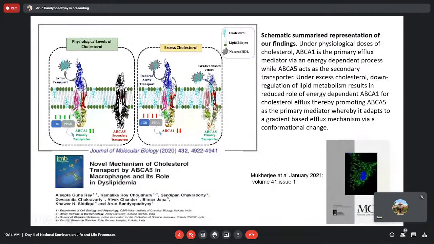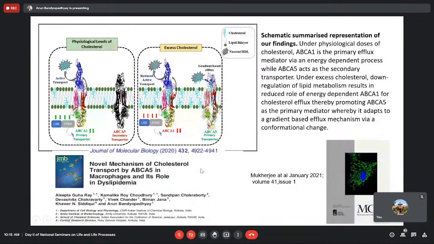Its conformation changes in such a way that this side is open and gives passage to cholesterol from inside to outside the cell. This helps in the efflux procedure. So this is a very novel mechanism. We discovered it for the first time and validated it in three different systems: human patient, cell line, and animal model.